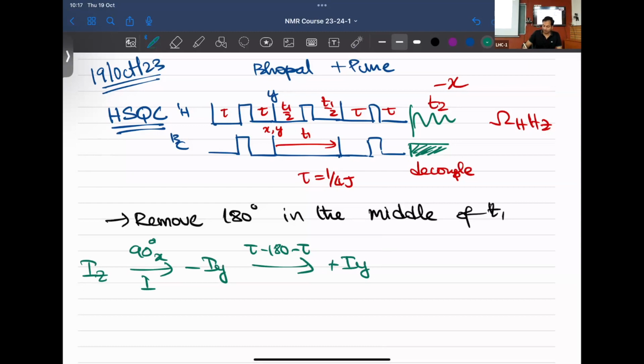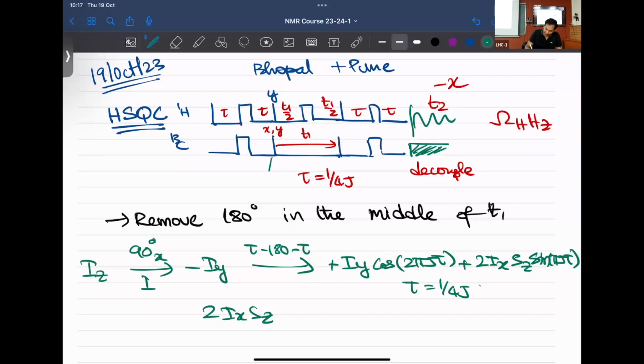I think this will end up being plus IY cos 2 pi J tau, then plus, with 180 on both, so this will still flip, 2IX SZ sine pi J tau. This is what you have. So when you set tau to 1 over 4J, what you end up getting is 2IX SZ at the end of this point.